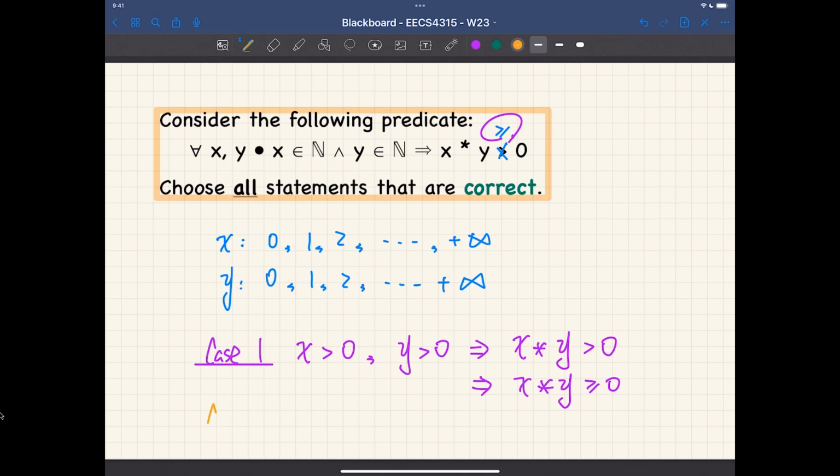What about case number 2? You can say x larger than or equal to 0, and also y larger than or equal to 0. In that case, it is possible for them to be 0. If one or both is 0, then x multiplied by y would just be 0, which is still acceptable by larger than or equal to 0. That's what you're going to argue.